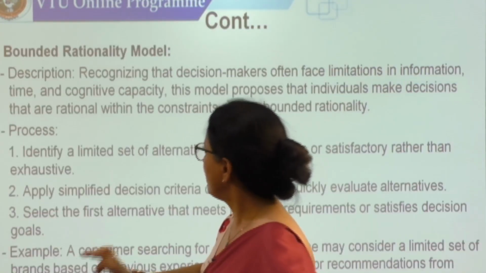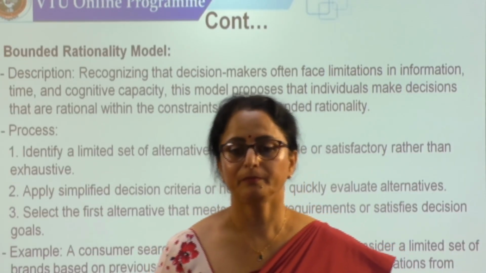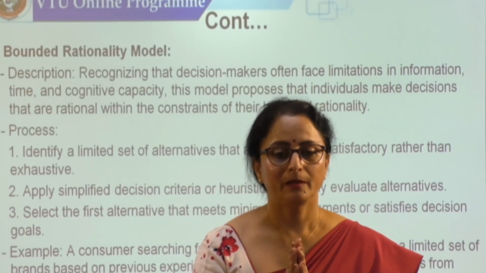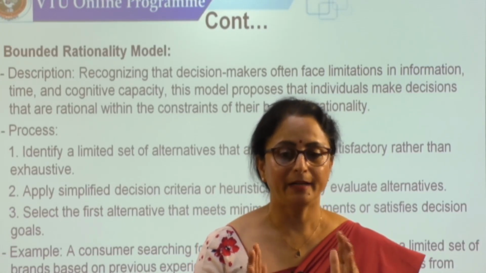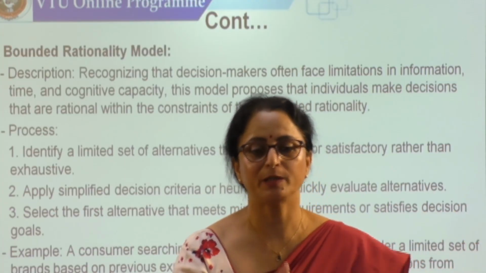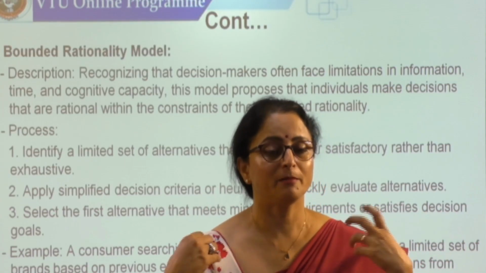Then the next model we have is the bounded rationality model. Bounded rationality model recognizes that decision makers often face certain limitations in information. It could be in time, or it could be in terms of capacity.